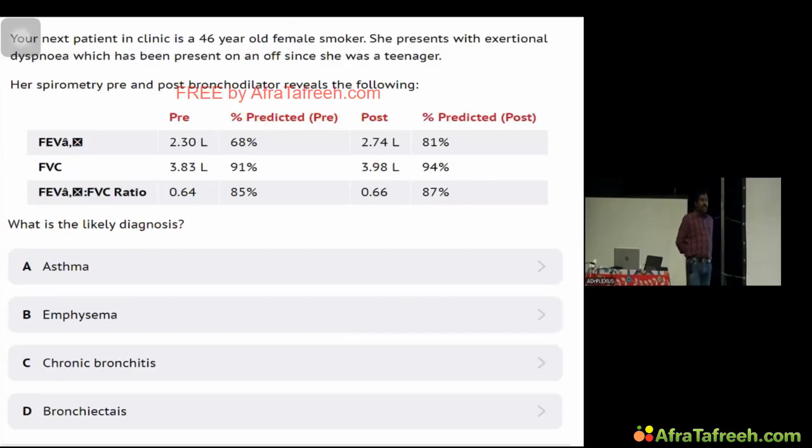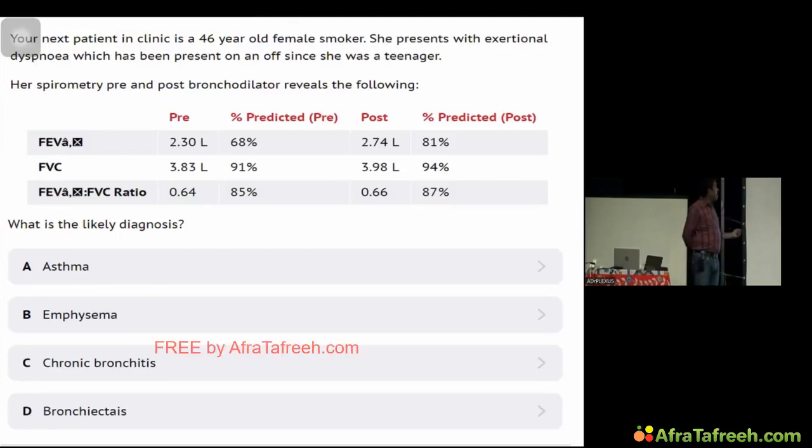Next is chronic bronchitis and emphysema. If you see here, since her teenage years she has had these complaints. Chronic bronchitis usually occurs as the number of smoking years increases.